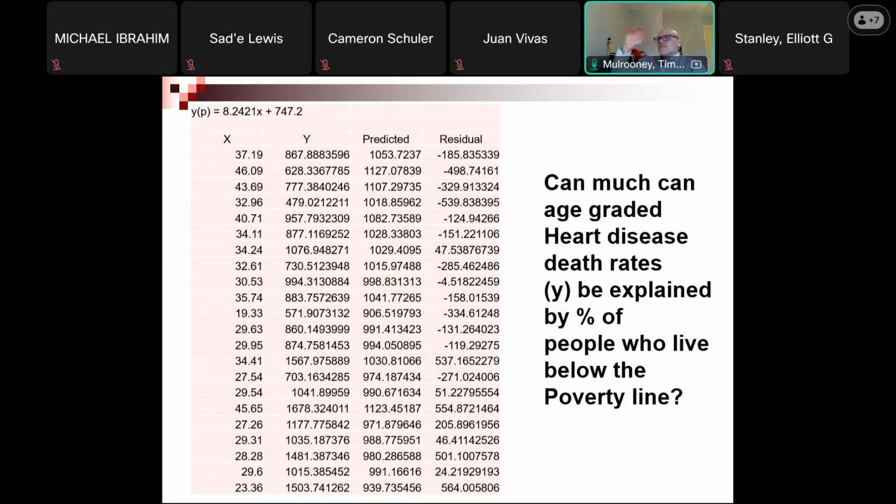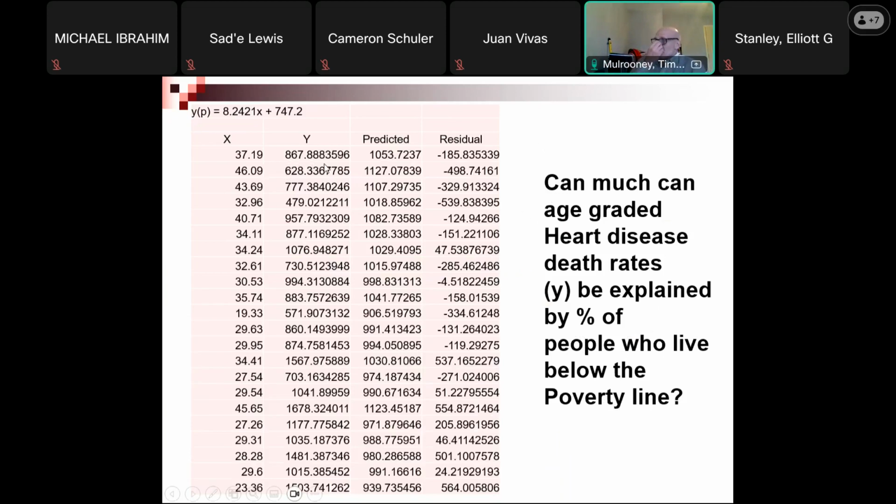Oh wow, now this is starting to get really ugly really quickly. These are some data where we have X, Y, predicted, residual. I just ran a really simple linear regression where X is the percentage of people who live below the poverty line, and Y is the heart disease death rate.